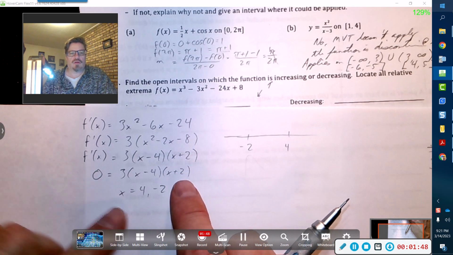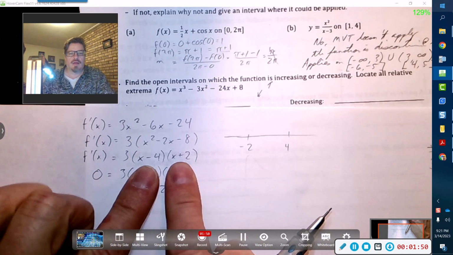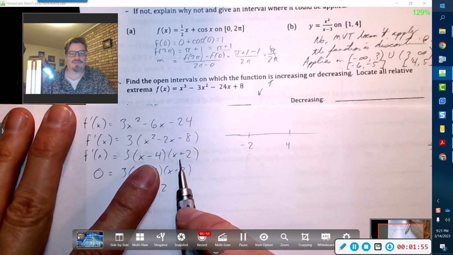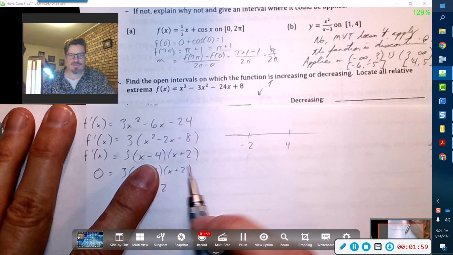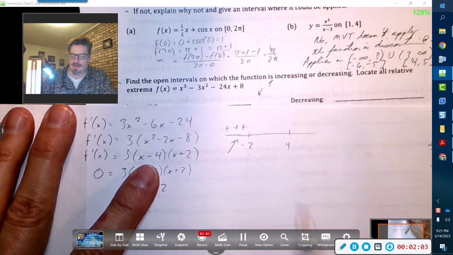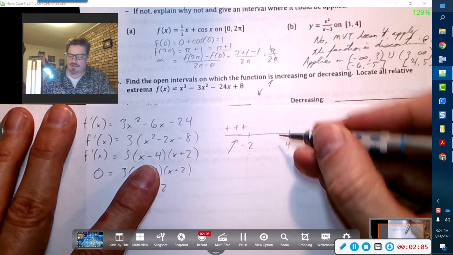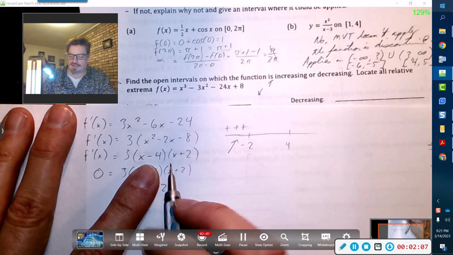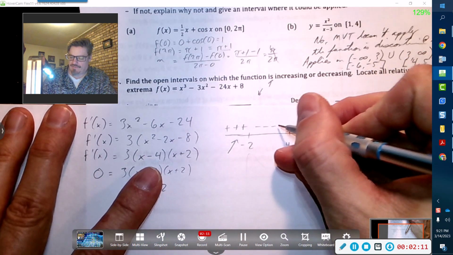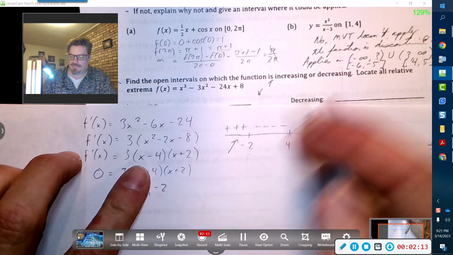We're going to look right here to determine this. Let's try negative 3. Negative 3 would give me a negative here and a negative here, so it would be positive. So it's increasing. In between would be 0, giving negative and positive, so that would give me negative, and then 5 would give me positive again.